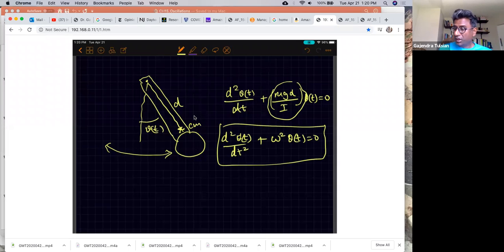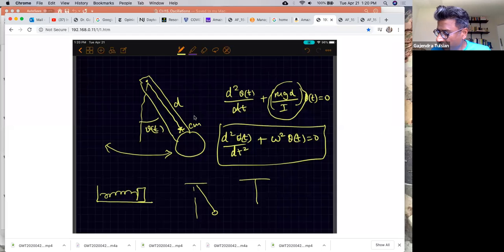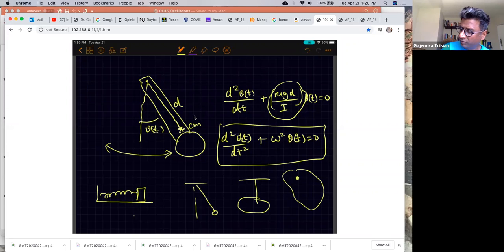So again, the same differential equation. Let me summarize. We started off by studying this mass. Then we looked at a simple pendulum, a torsional pendulum, and a physical pendulum. So here, 4 very different looking systems, and all their behaviors are described by that same differential equation.